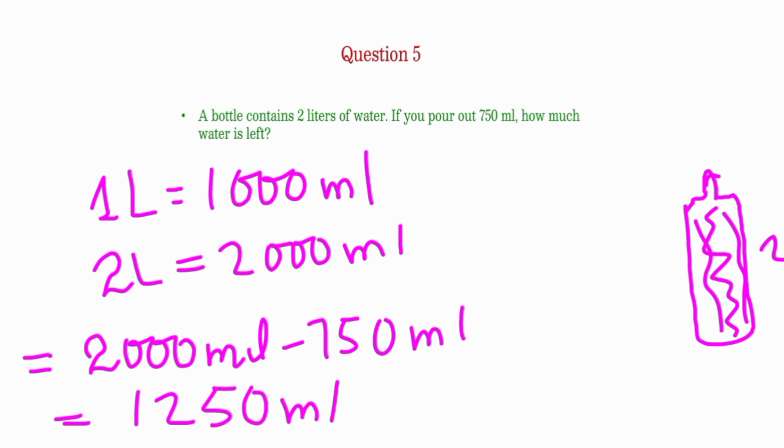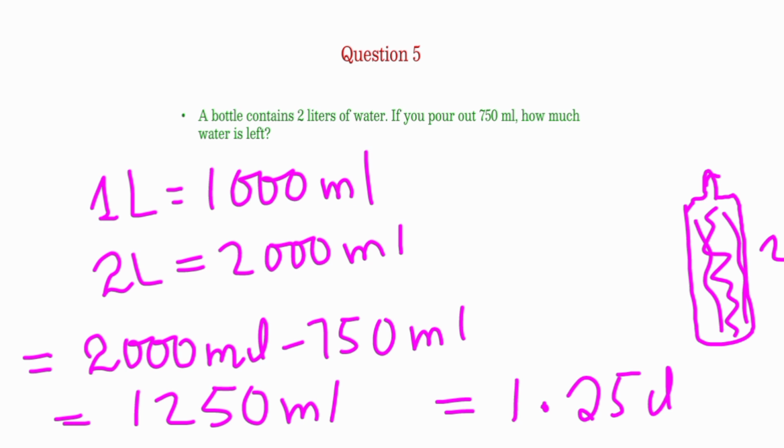So you are left with 1250 milliliters, or we can also write it as 1.25 liters. If you divide 1250 milliliters by 1000, you will get the number in liters. So it is 1.25 liters.